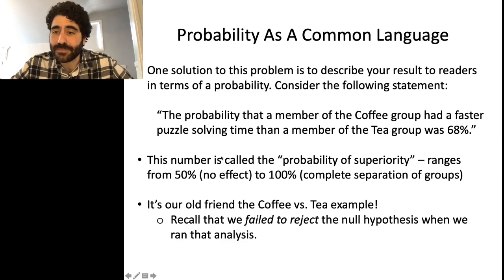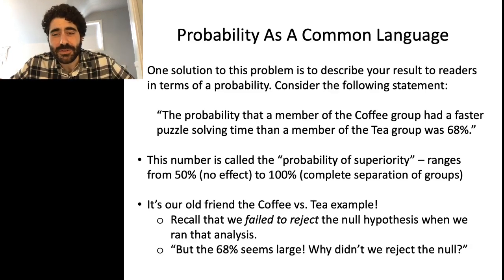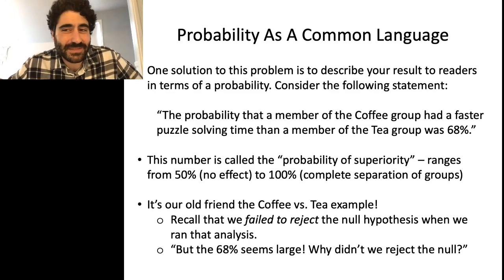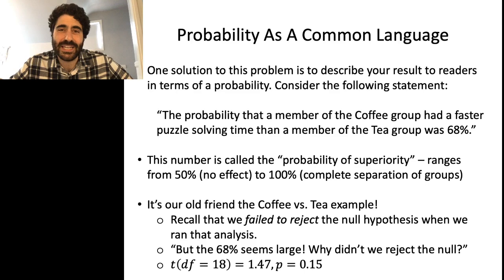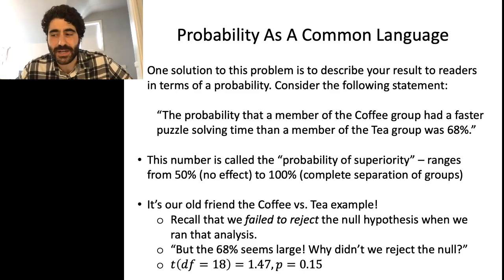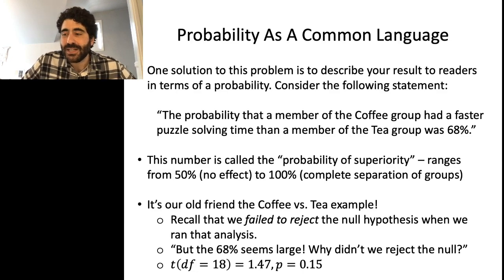And so now, if you remember back a few weeks ago when we did this, we actually failed to reject the null hypothesis here, right? Which maybe seems inconsistent with this statement that 68% of the time the coffee drinker is going to be faster. But what happened is that it wasn't that we didn't see any effect. It was just that we didn't get a p-value that was below 0.05. What we got is a t-statistic that was saying that in this sample, coffee drinkers are faster.